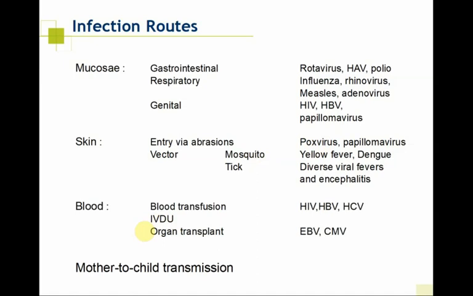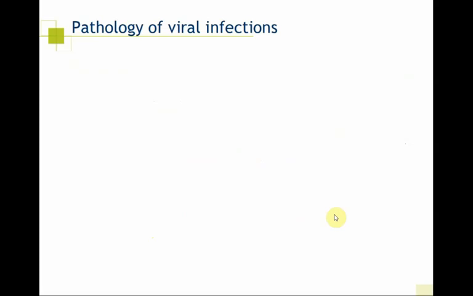Either in the womb, in utero, this occurs for some viruses, or during childbirth, because you have blood and genital secretions from the mother in contact with the respiratory and oral mucosa of the baby being born. So this can be a very important mechanism of transmission for viruses like HIV and hepatitis B, which can be at high concentrations in the blood.